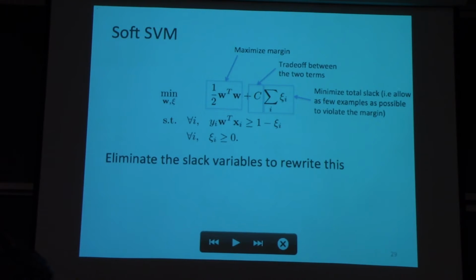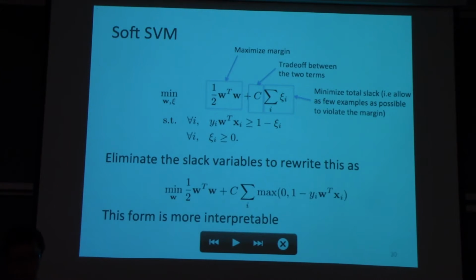As one of you has already asked, introducing Xi makes the problem more complicated, because now we have a much larger problem with more variables to worry about. So what we can do is slightly rewrite this to get an equivalent optimization problem, but one that turns out easier to solve.